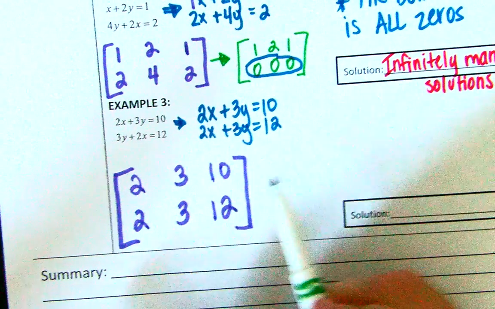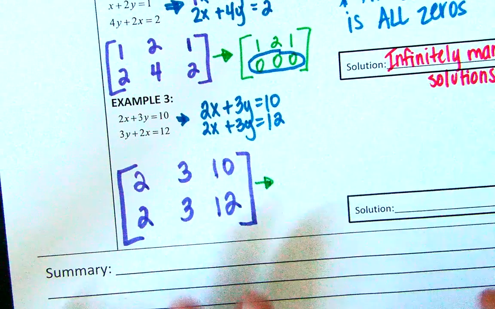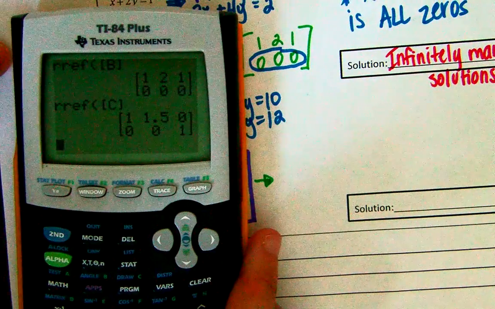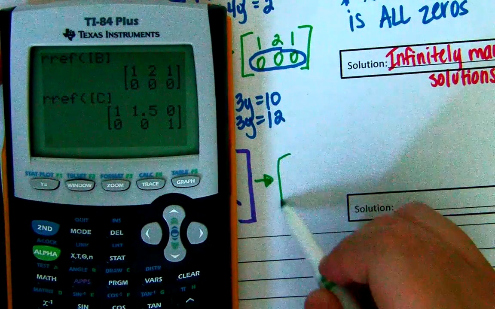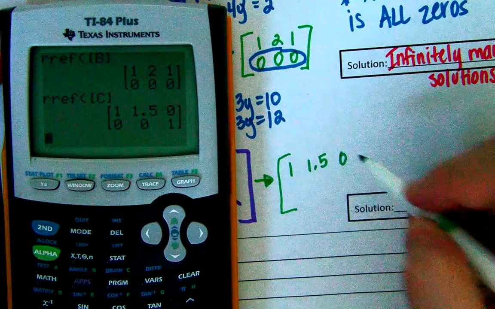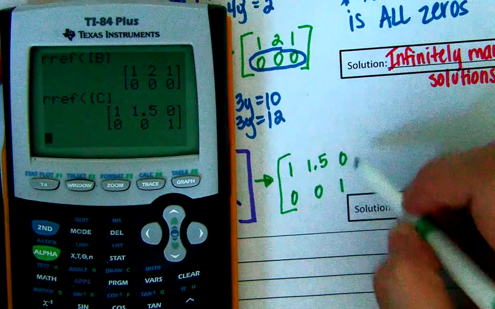So now we're going to put it in the calculator. And when I put it in the calculator, this is what I get. I get 1, 1.5, 0, and then 0, 0, 1.